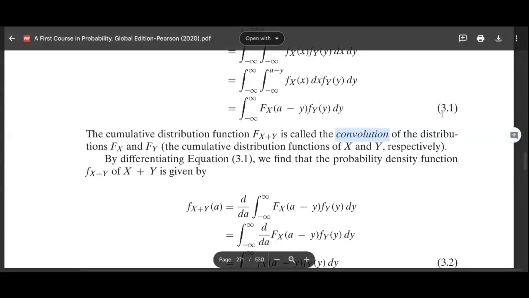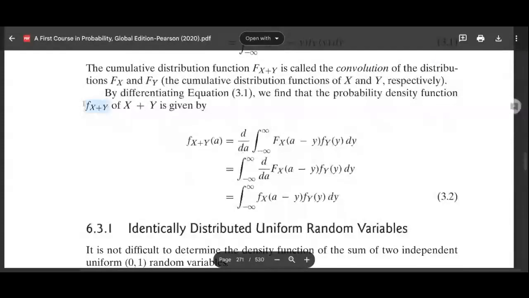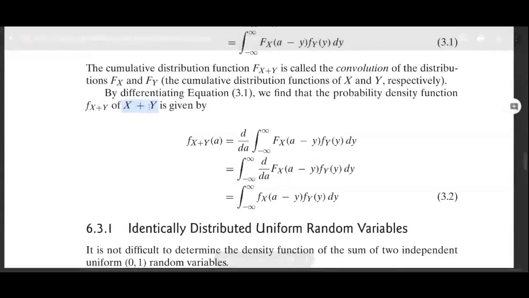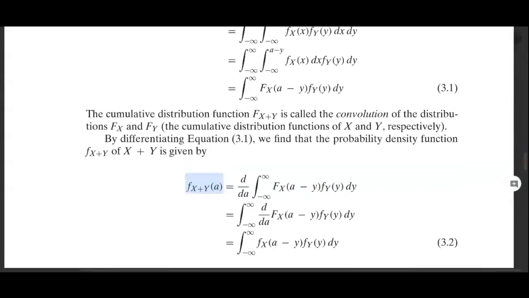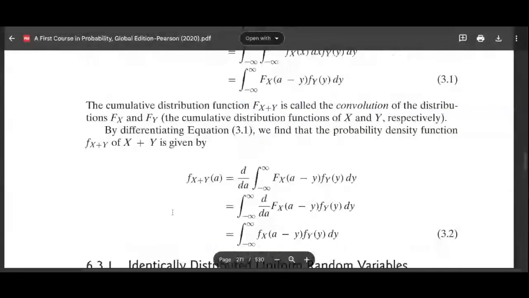So by differentiating this one, 3.1, we found the probability density function of X plus Y, little f of X plus Y. Remember, where does this a come from? This a comes from this part, from the convolution.